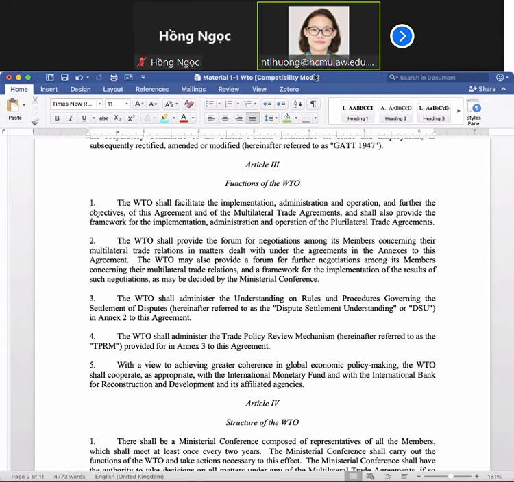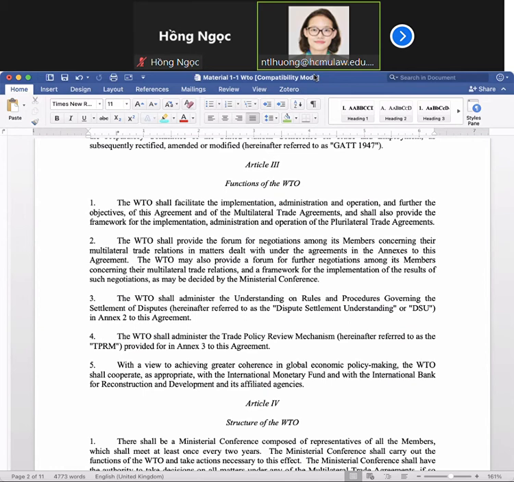The third one, settling trade disputes, and the fourth one, reviewing member trade policy. These functions of the WTO are arranged in Annex 2 and 3 of the settlement of dispute.